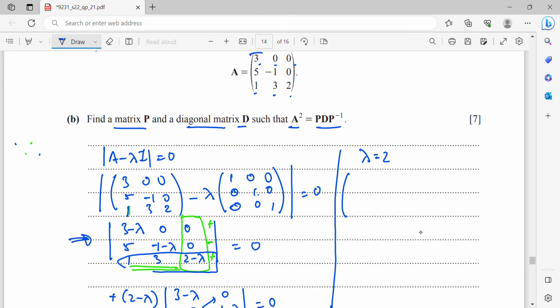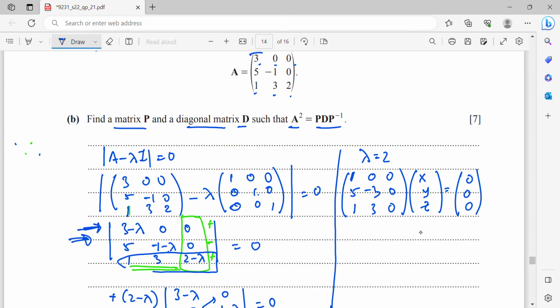So I get 3 minus 2, which is 1, 0, 0. Remember, I substitute into this matrix. Then 5, minus 1 minus 2 is minus 3, then 0. Then 1, 3, 2 minus 2, 0. Multiply by x, y, z equals all zeros. We need to get the eigenvector corresponding to this eigenvalue.